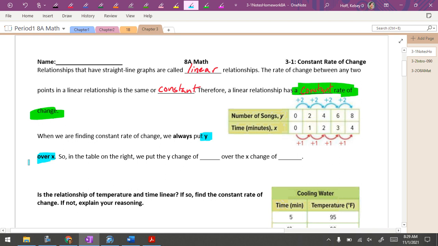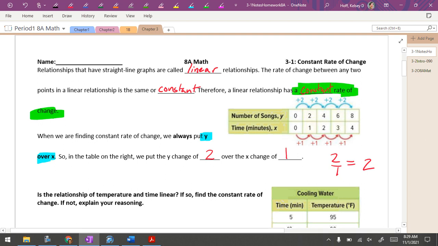What is the change every time in our y's? Plus 2. So we put the change of 2 over the x change. What's the x change? 1. So our rate of change would be 2 over 1, or in other words, 2. Change in y over x. Y on top.